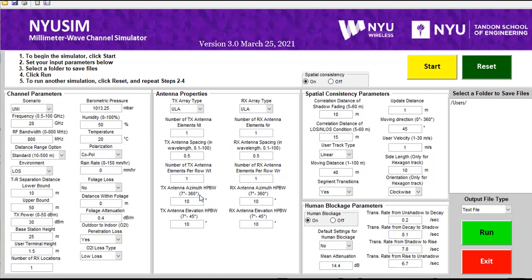Antenna elevation. You can have some tilt compared to the ground, like the whole antenna at the top of the base station uses a down tilt. It faces a little bit downward, because you need to cover many people spread over an area.